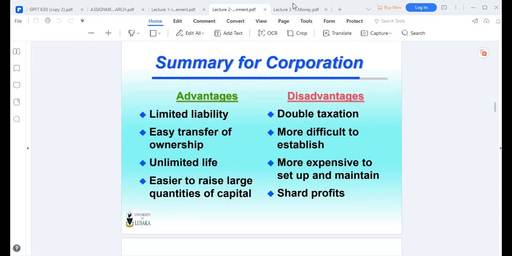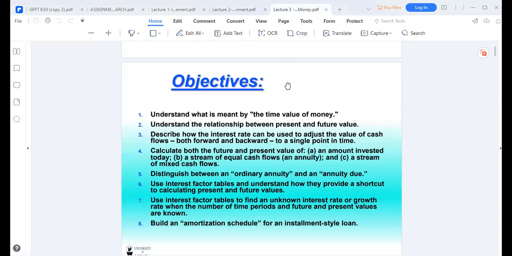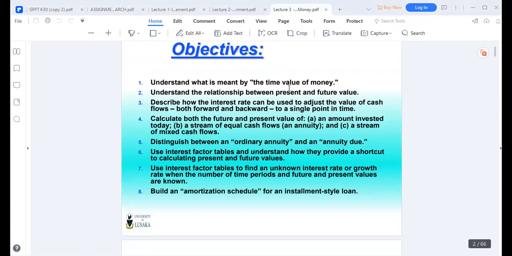So this takes us to another important concept, which we call time value of money. Time is money, and we must also appreciate the fact that this time that is spent must be equated to a monetary value.